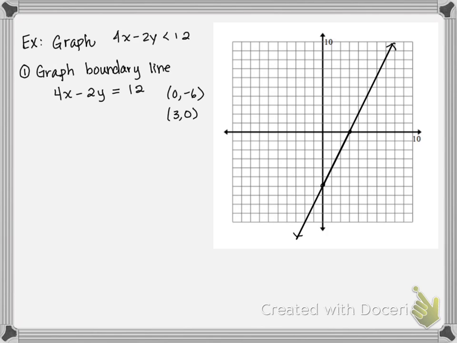So the points on that line are where the two sides of this inequality are equal. So if we have a strict inequality, we don't want to include those, because if I say that 4x minus 2y is less than 12, then 4x minus 2y being equal to 12 is not part of the solution set, right? This isn't an or equal to situation.